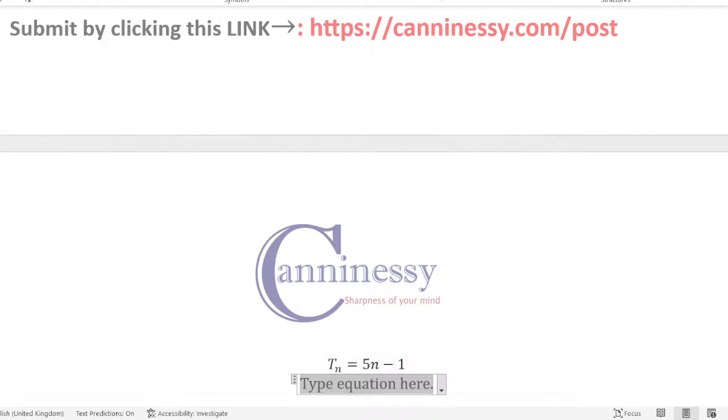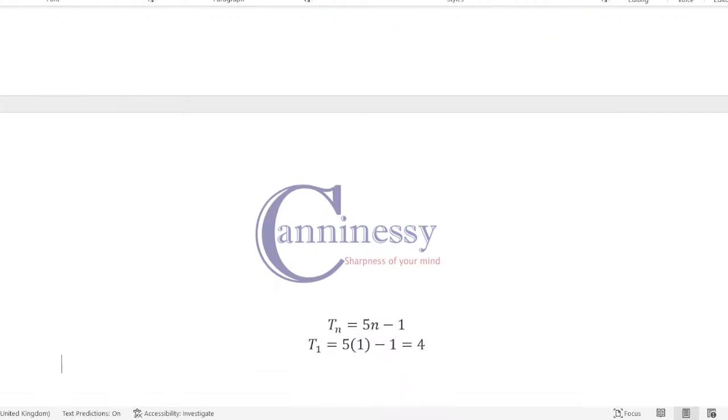So we'll have T1 is equal to 5 into 1 minus 1. So T1 is equal to 4. So we've got the first value, T1 is equal to 4.